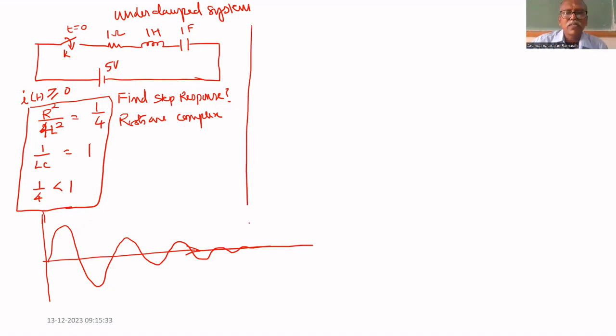So in this case, what is the step response? I of t we have to find. I of t equal to what, when t is greater than or equal to 0.